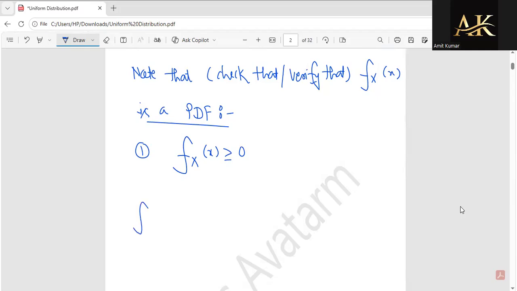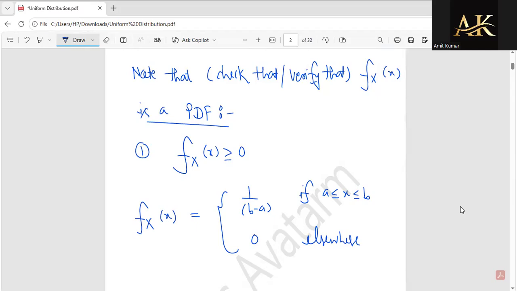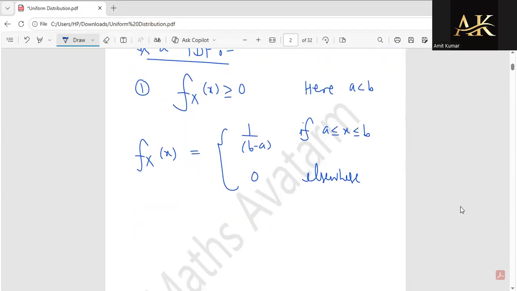So f(x) is 1 upon b minus a if x varies in a to b. Here we have b greater than a, so obviously f(x) is greater than or equal to 0 for x in the interval.